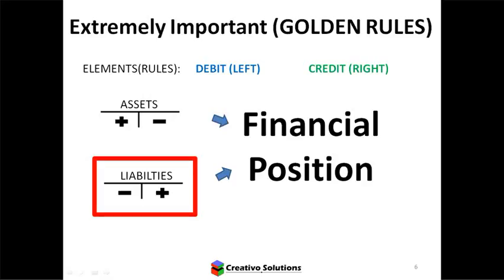Remember, when analyzing transactions, we're going to be practicing applying the increases and decreases in terms of the pluses and the minuses. So when looking at a liability, what do we do with the debit and credit? Well, the credit will increase a liability account and a debit will decrease the liability account.